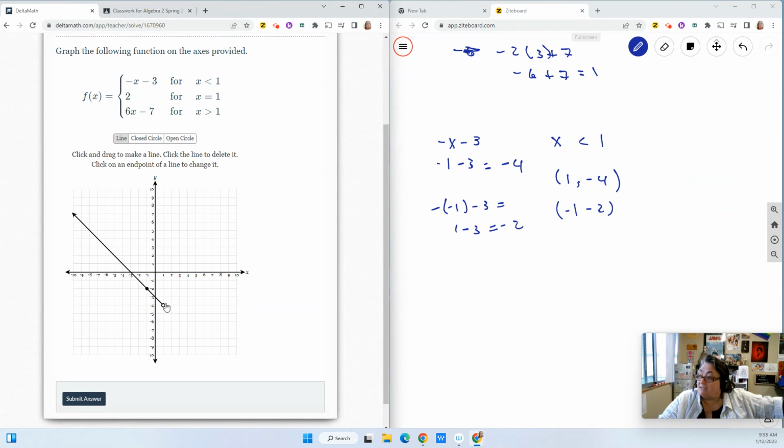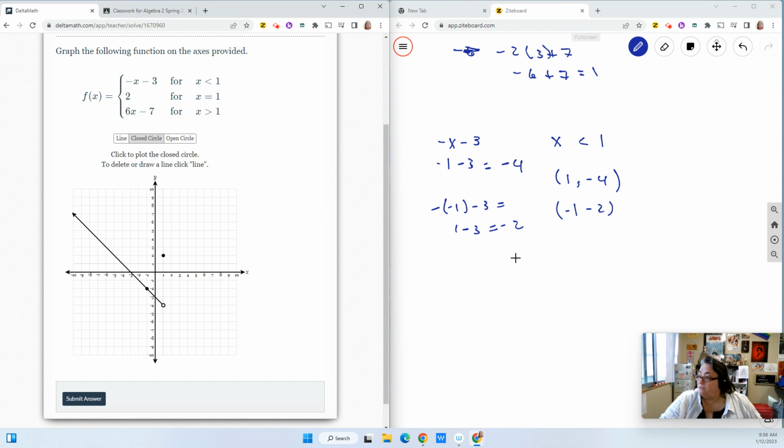We're going to open dot this because it's not equal to 1, it's just less than 1. Then we've got this other one that says when x equals 1, the y value is 2. So here at x equals 1, we know we're just going to have a dot for 2.